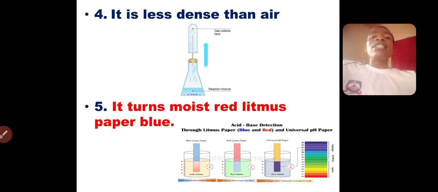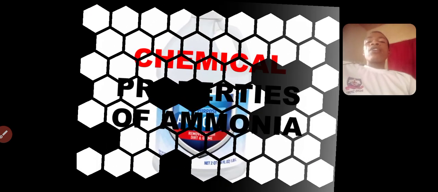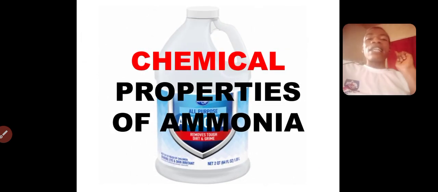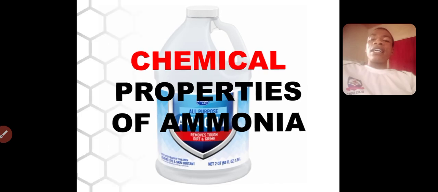In fact, virtually the only gas that can have such an effect on litmus paper, turning it from red to blue. That's one of the indications that a gas is ammonia. If you put a moist litmus paper and it turns from red to blue, most probably the gas is ammonia gas. So let us peep into the chemical properties of ammonia here.